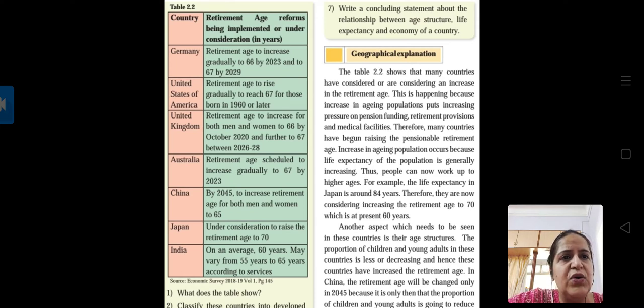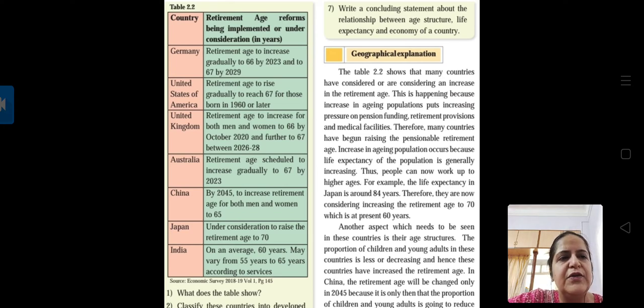This is happening because an increase in the aging population puts increasing pressure on pension funding, retirement provisions, and medical facilities. Now, till when you are working, you are hale and hearty, the elderly people can work. So then the government in particular doesn't have the burden of paying them pension, giving them provisions for their retirement and medical facilities.